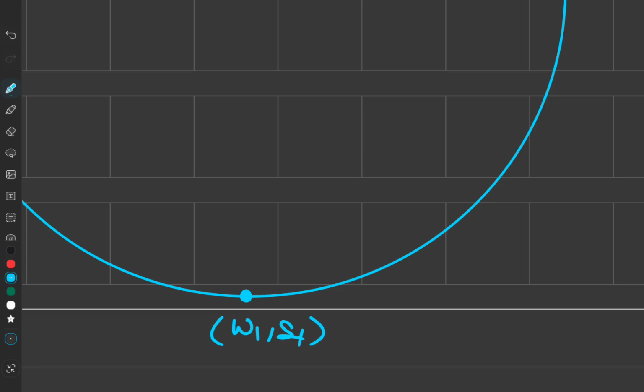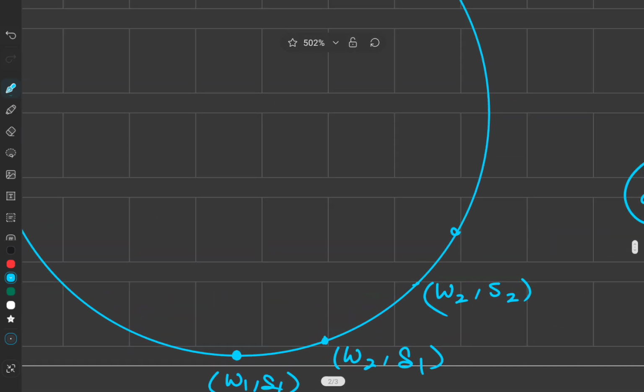Let's create the next vertices as w2 sitting on s1, next w2 sitting on s2, then w3 sitting on s2, then w3 sitting on s3.